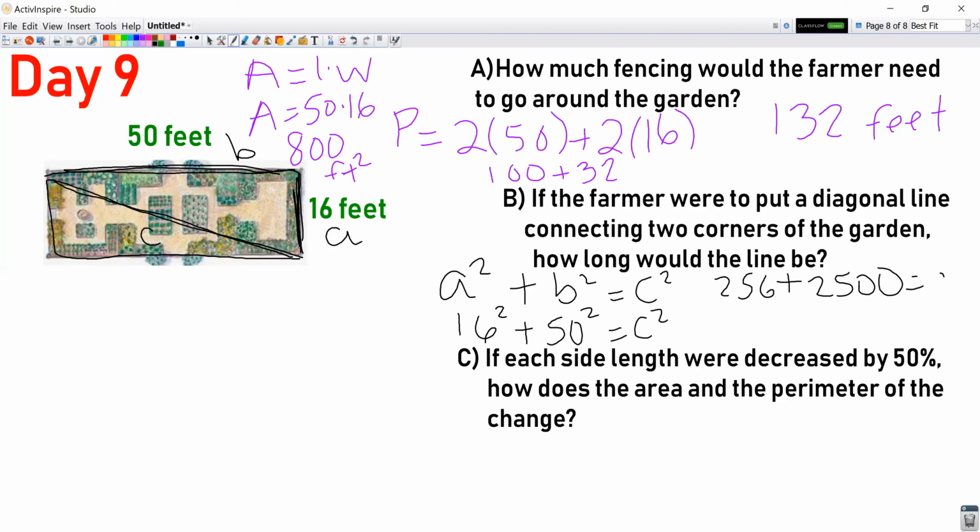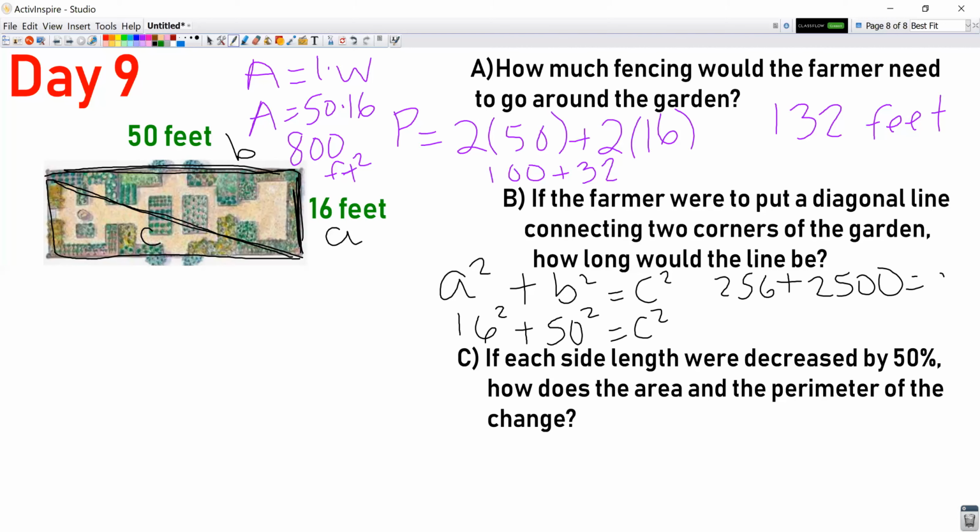To undo a square, you're going to have to square root both sides. Because I don't have a graphing calculator at home, I'm just going to use my phone. If you turn your phone to the side, it gives you a square root button on there, okay?